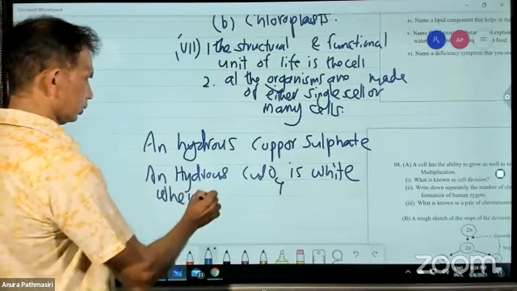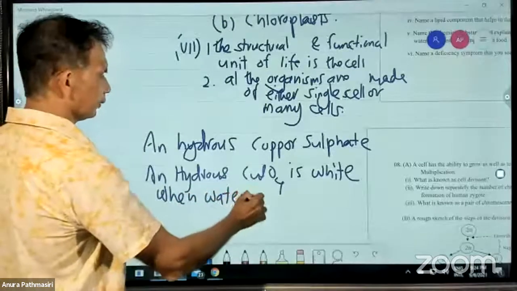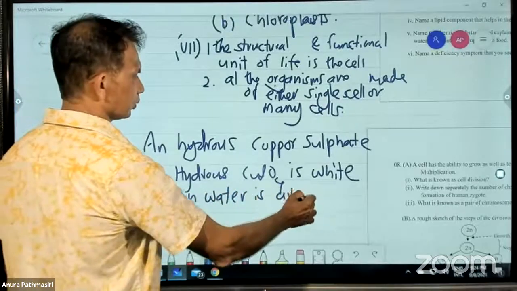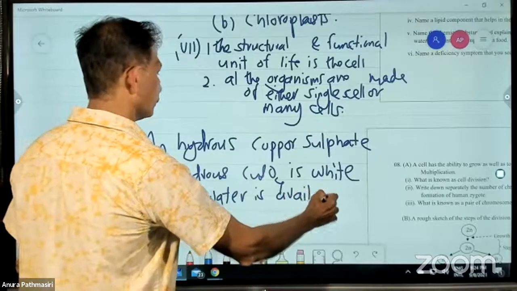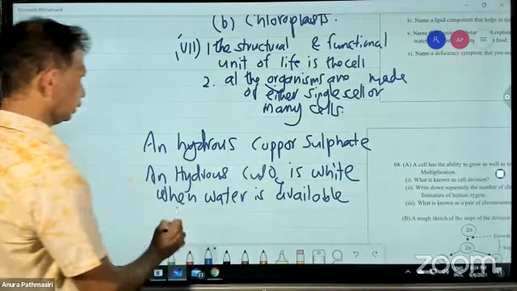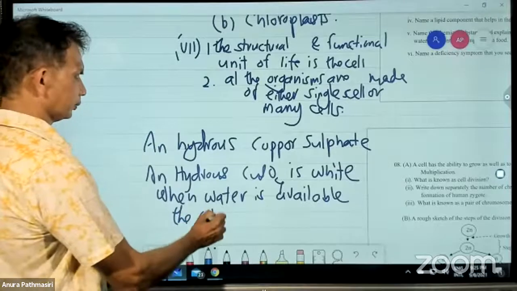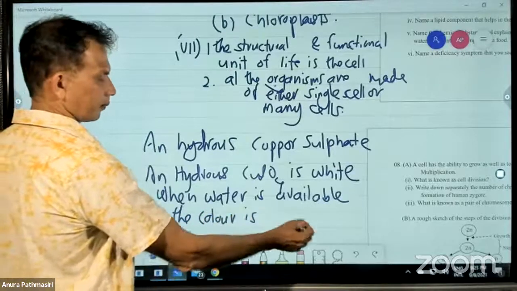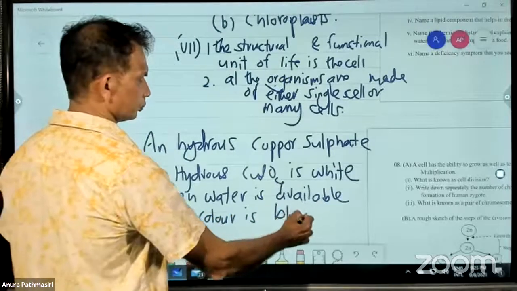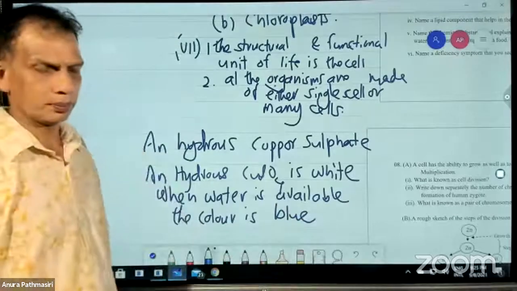When water is available, what is the color? Blue. The color is blue.